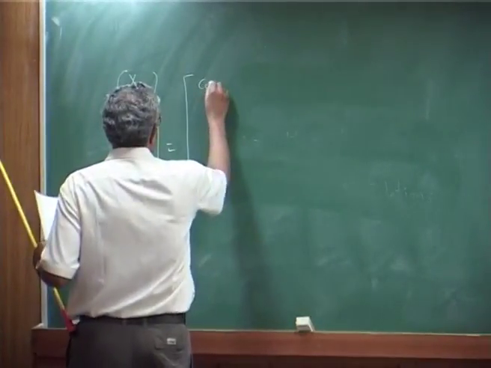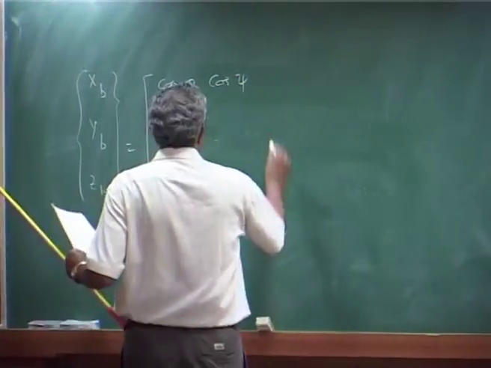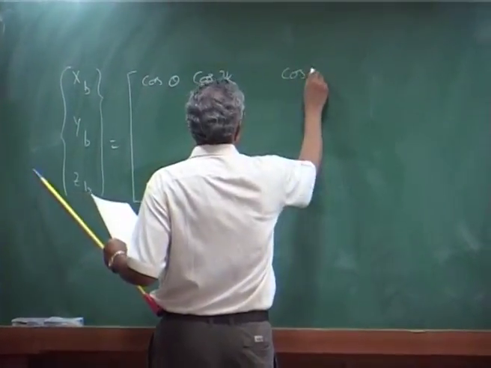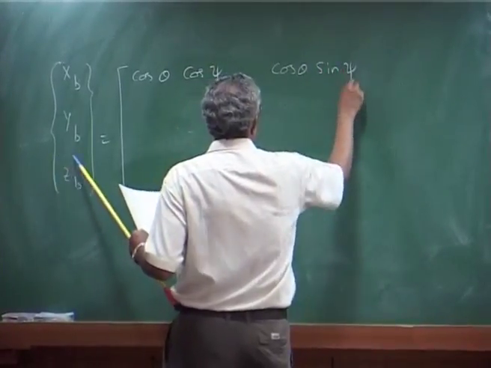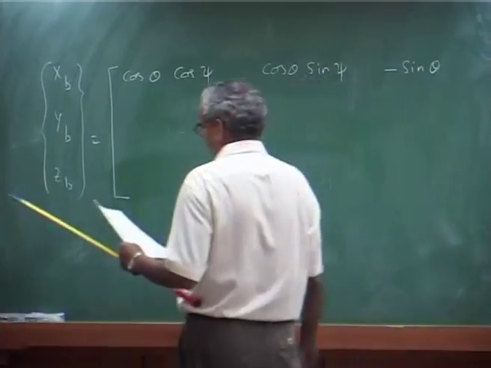This is cosine theta cosine psi, then cosine theta sine psi, minus sine theta.